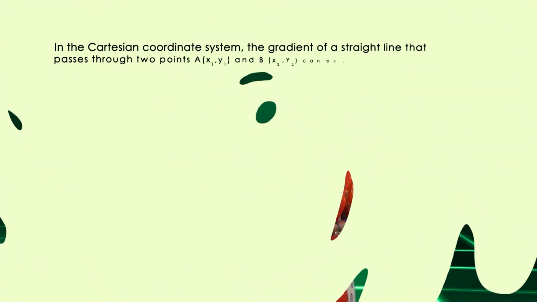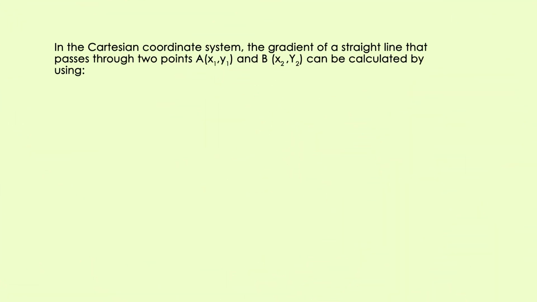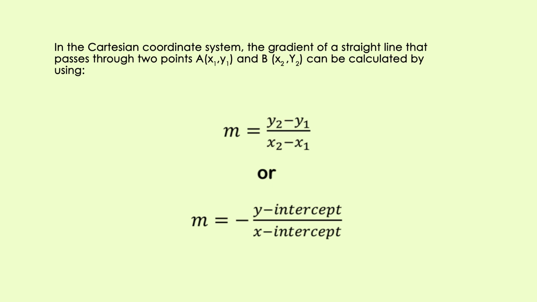Finally, on the Cartesian coordinate system, the gradient of a straight line that passes through the 2 points A (x1, y1) and B (x2, y2) can be calculated by using m equals y2 minus y1 over x2 minus x1, or m equals negative y-intercept over x-intercept.